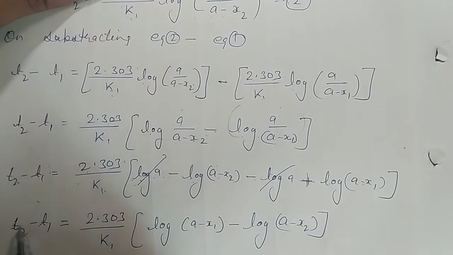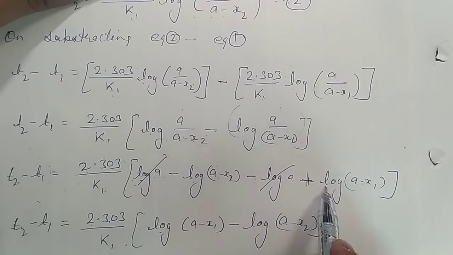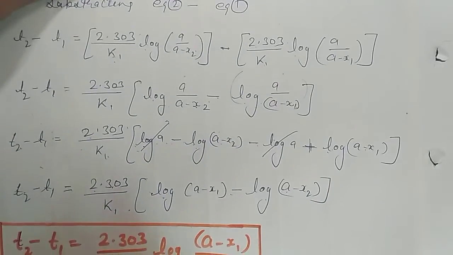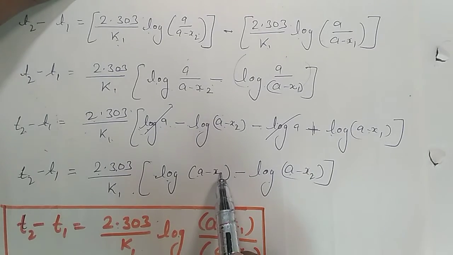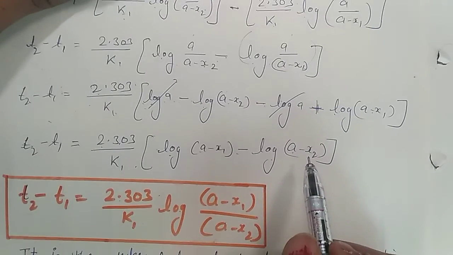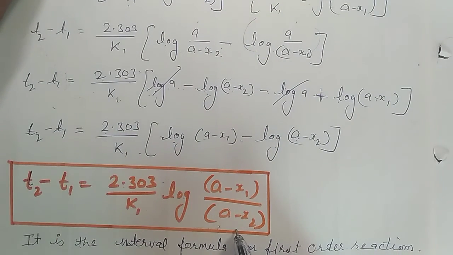So T2 minus T1 is equal to 2.303 upon K1 log A minus X1, this is a positive value, and minus log A minus X2, this is a negative value. Or we can say that T2 minus T1 is equal to 2.303 upon K1 log of A minus X1 upon A minus X2. It is the interval formula for the first order reaction.